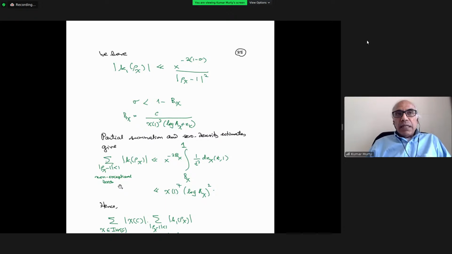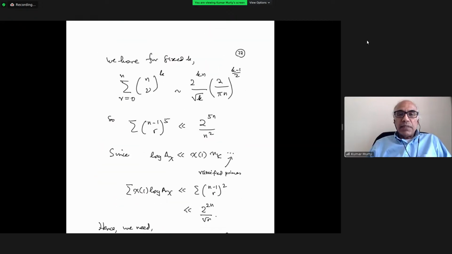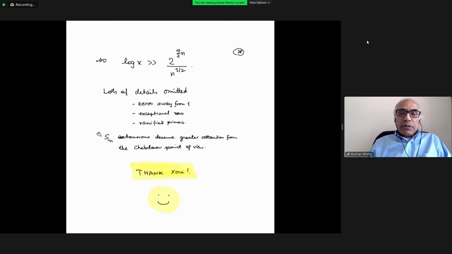And so if you're looking at Chebotarev not for just one field, but some family of fields, then it's possible this problem, the exceptional zero, at least in the case of Sn, might simply disappear, which is a very important thing if it happens. So I just leave you with this thought that Sn extensions deserve greater attention from the Chebotarev point of view. Thank you for your attention.